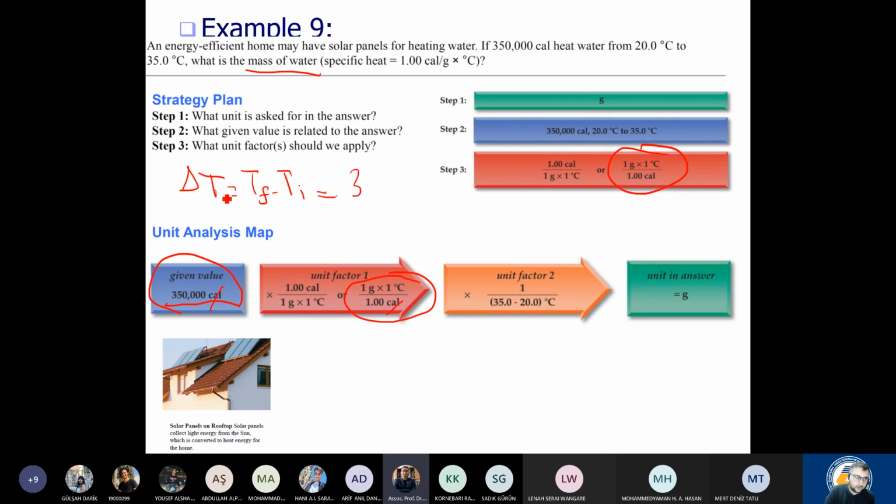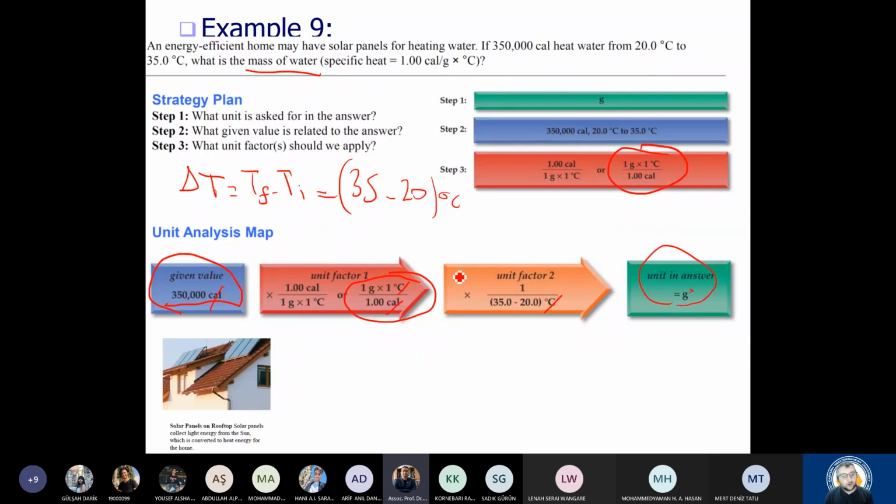So it is equal to 35 minus 20 Celsius. So if you divide by this 15 Celsius, so 1 over 35 minus 20 Celsius, Celsius are cancelled to each other. So at the end, you will find your answer in gram.